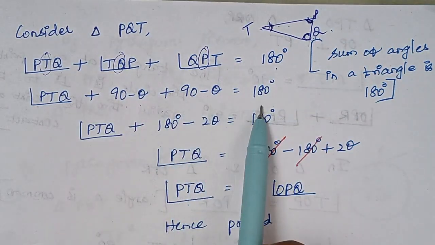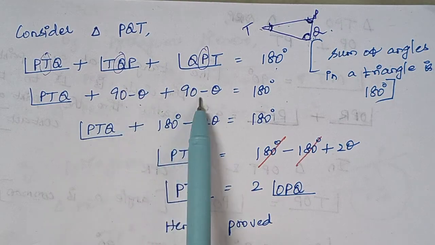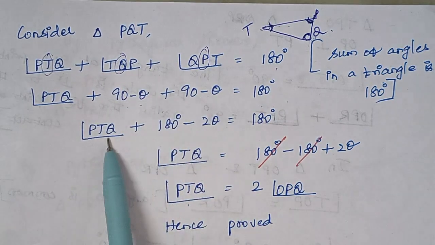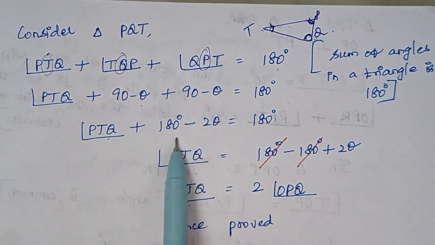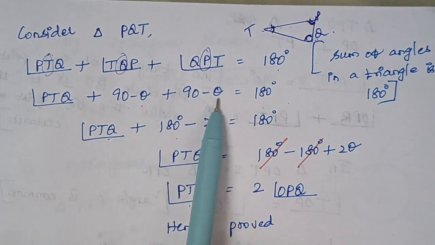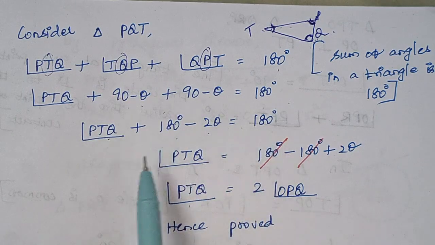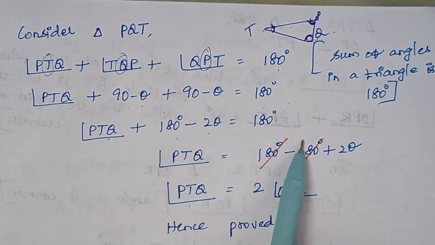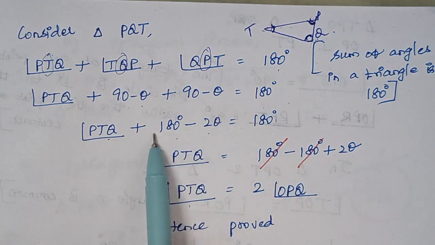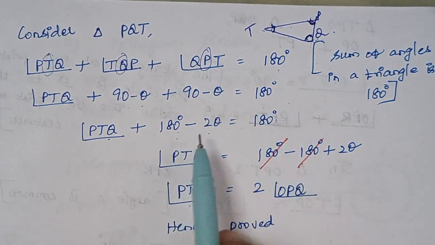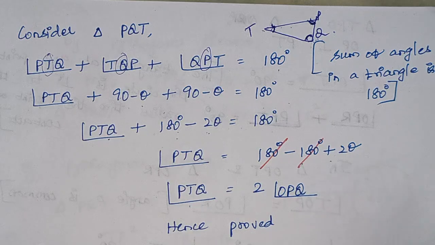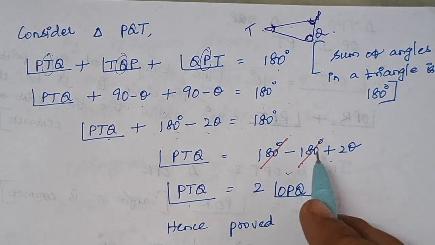So, just substitute the values. And when you add here, what happens? Here PTQ as such, 90 plus 90 is 180, minus theta becomes minus 2 theta, which is equal to 180 here. Now I am moving this entire part to the right hand side. So what happens? Plus 180 becomes minus and minus 2 theta becomes plus. So this plus 180 minus 180 becomes 0.